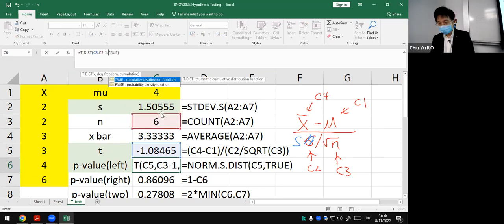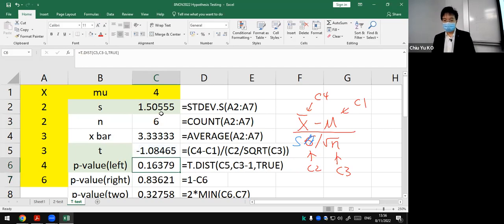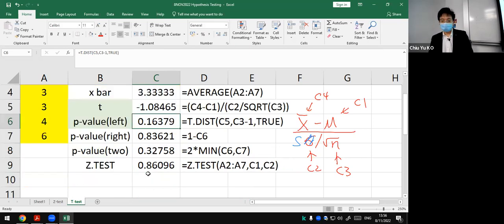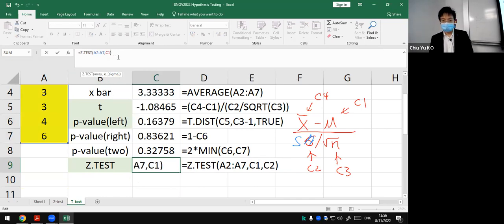So these are the changes. What you get is 1.6. The left is all the same, the p-value the same. And the Z.TEST is also different because you don't give the last entry, sigma.